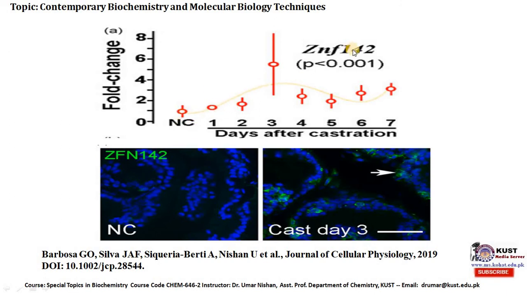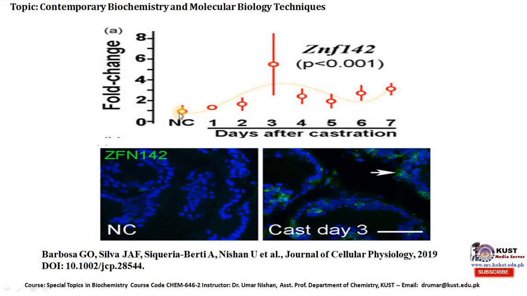It shows that the transcription factor ZNF142 shows a significantly higher fold change as a result of real-time PCR. We see that, as compared to the control, it shows a very big fold change. And these are the results of the immunohistochemistry.